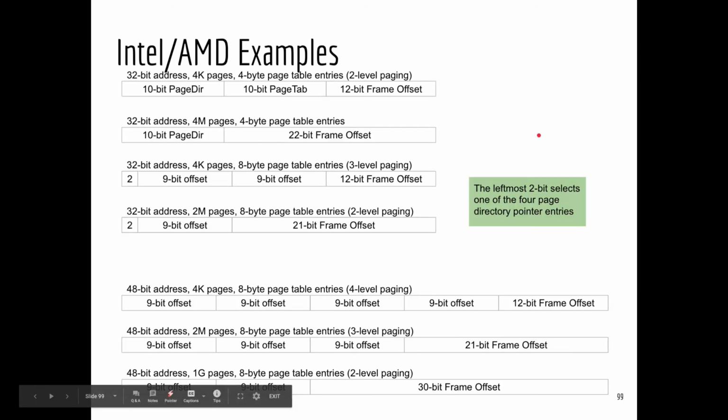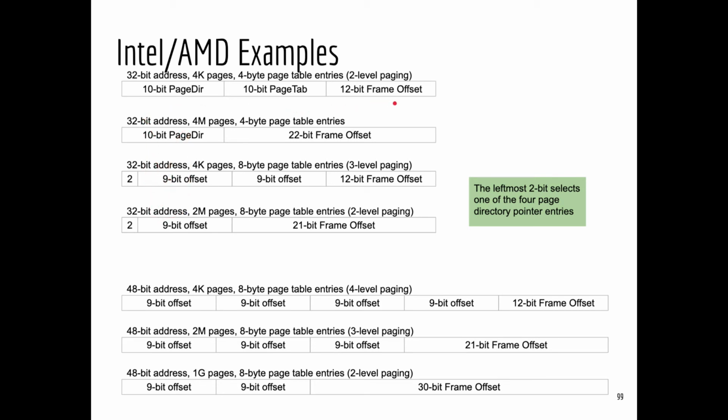So Intel or AMD 64-bit CPUs can run in either 32-bit mode or 64-bit mode. When running in 64-bit mode, most of these CPUs support up to 48-bit logical address. In 32-bit mode, the CPUs can be configured to use 1 out of 4 address formats.